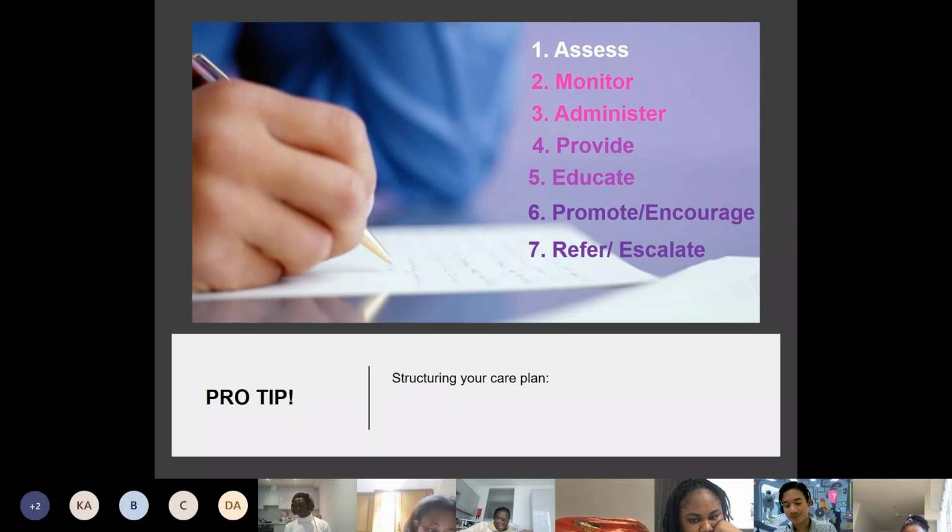The PQRST assessment is an assessment method where the P stands for provocation or palliation. That is, you ask the patient, how did the pain start? What were you doing when it started? Then the quality or the quantity.